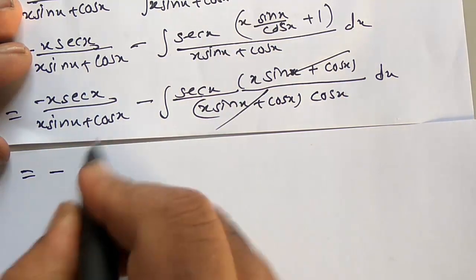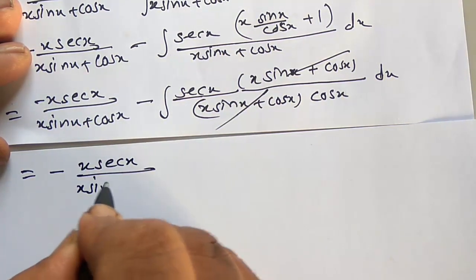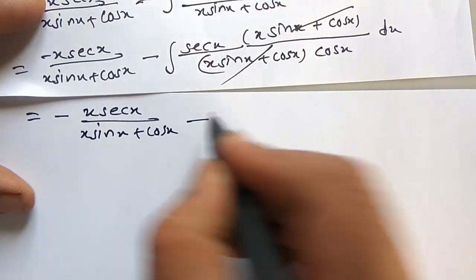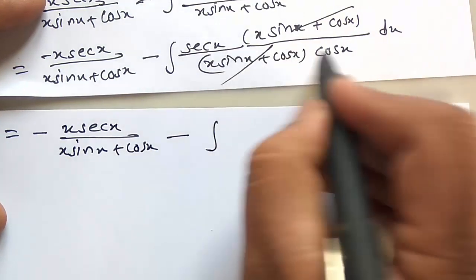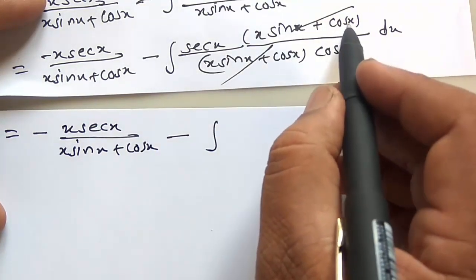it is equal to minus x sec x upon x sin x plus cos x minus the integral of sec x, where 1 upon cos x in the numerator becomes sec x.